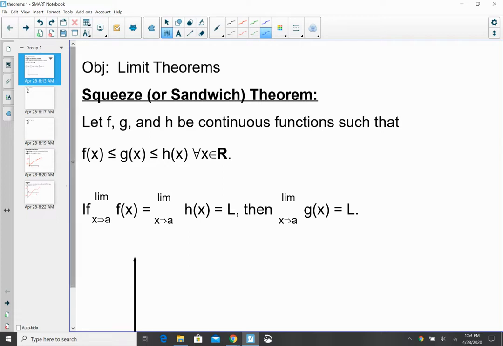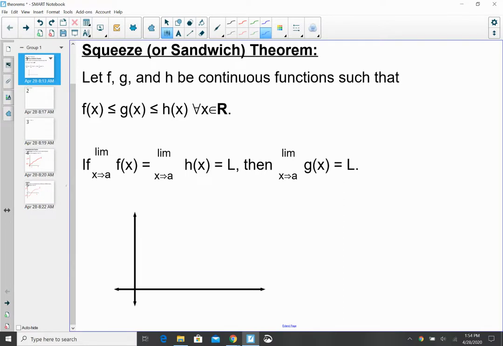That may seem a little bit like, what are you talking about? Before I get into the words here or all the math symbols, let me start off by drawing you guys a little picture. Let's say I've got some function f, and f is just this guy right here.